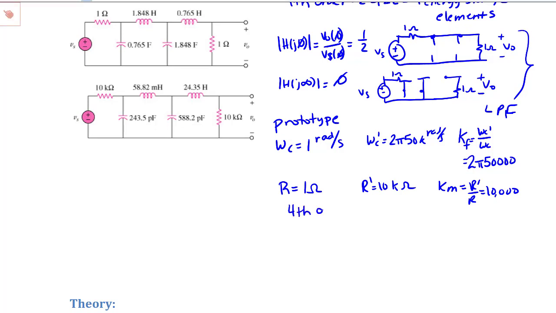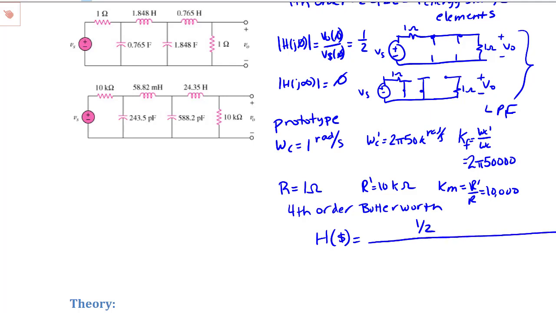The fourth order Butterworth has a transfer function H of s equal to 1/2, because the gain K is 1/2, over s squared plus 0.765s plus 1 times s squared plus 1.848s plus 1, which means that if I found the transfer function for that prototype circuit, this is what it would be.